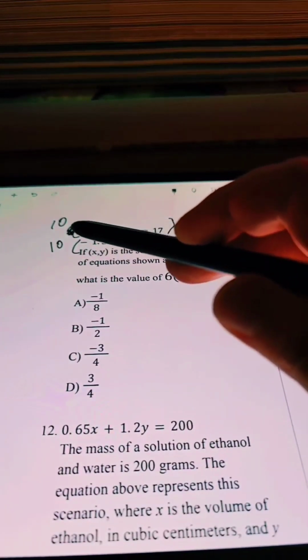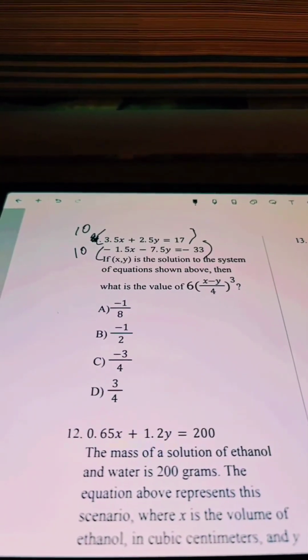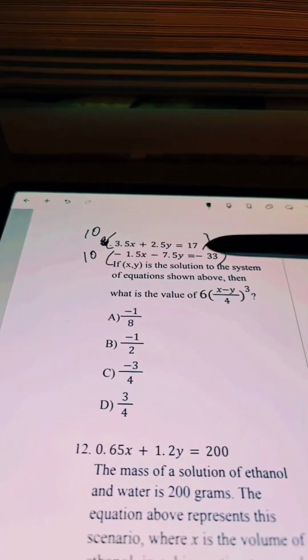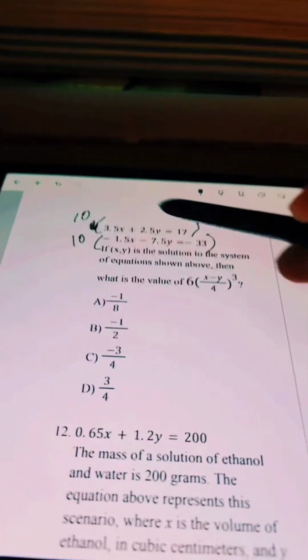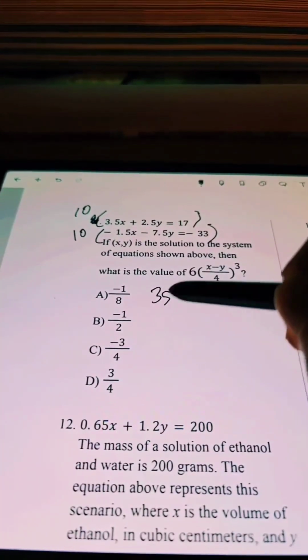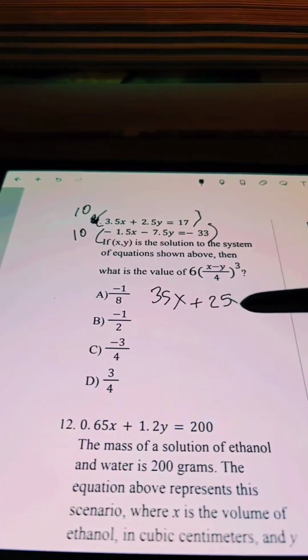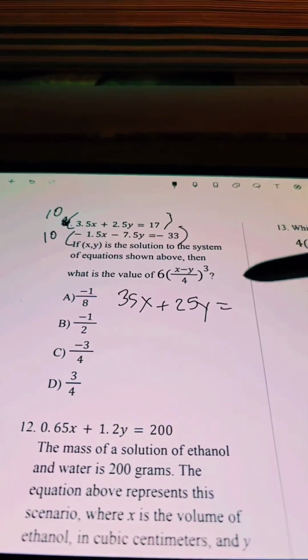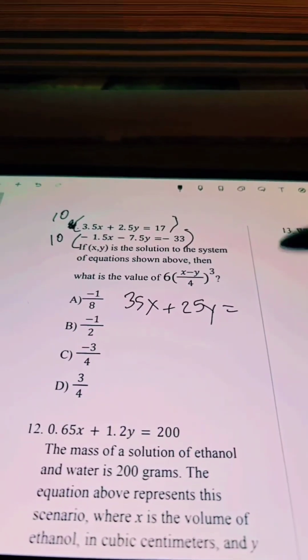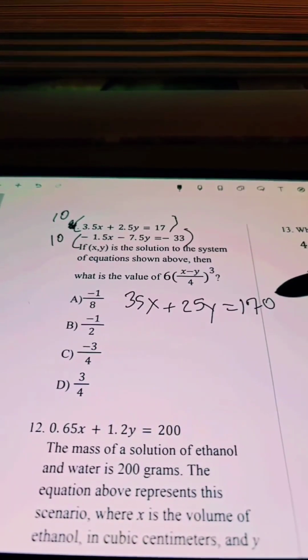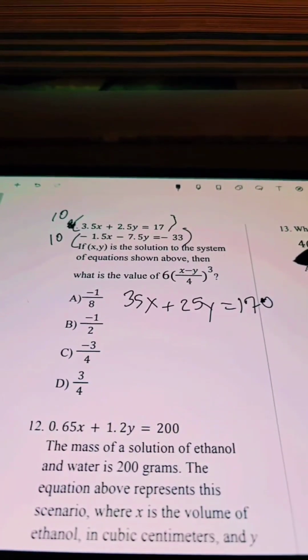Just remember, you have to do it to the whole entire equation, not just the decimals. It's everything. So 10 times the 3.5x is going to be 35x. And then we have 25y. And then you also have to do 10 times 17, which is 170. And then you're going to do the same thing to the bottom.